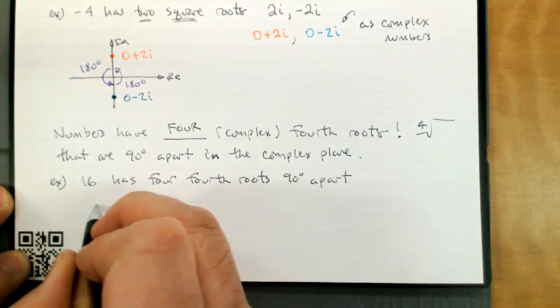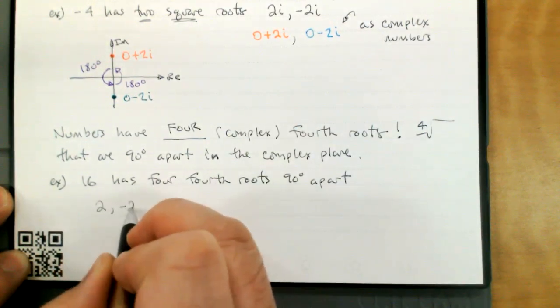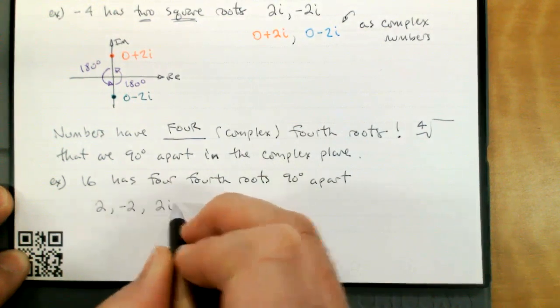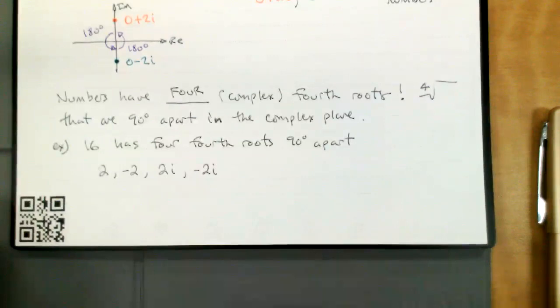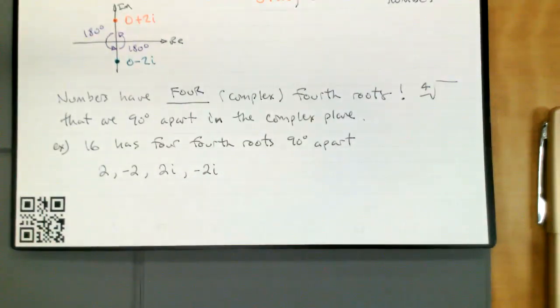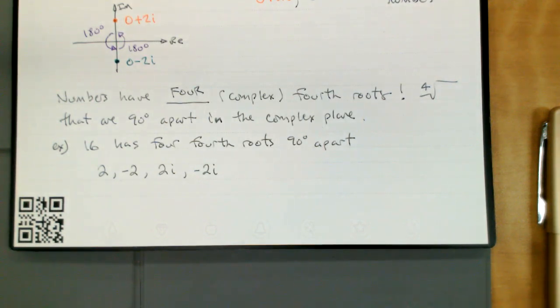So I have 2, -2, 2i, and -2i. If I raise each of these 4 numbers to the 4th power, we'll end up with 16.